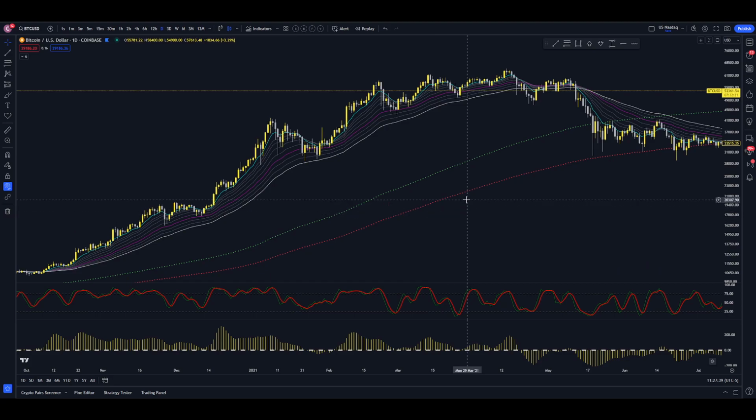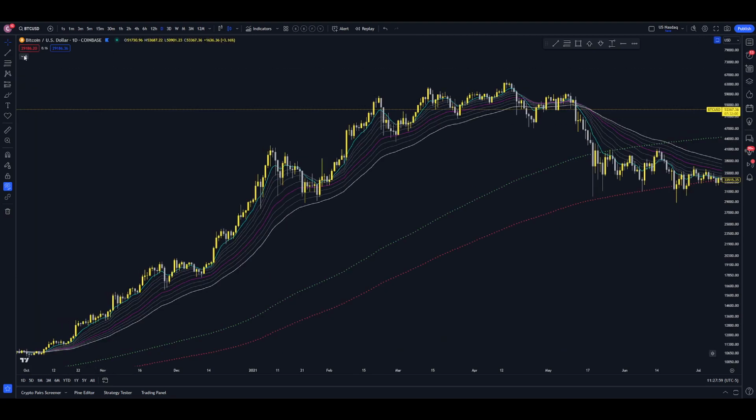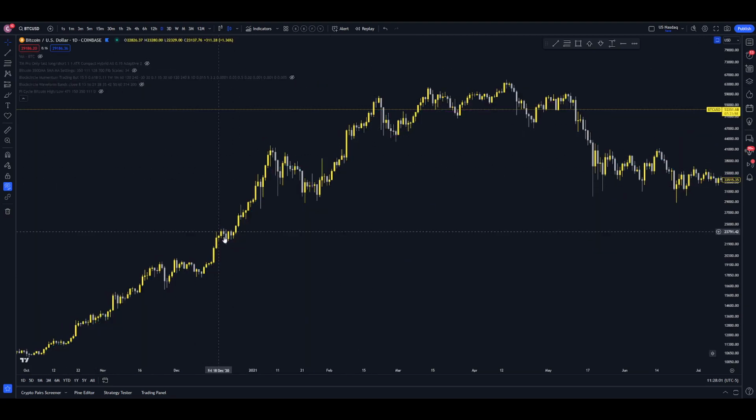And it's important to note that by themselves, none of these indicators are really crazy. I wouldn't want to take any one of these indicators and just make all of my trading decisions based off of that. If I had to use anything to base all my trading decisions around, it would just be candlestick price action, right?